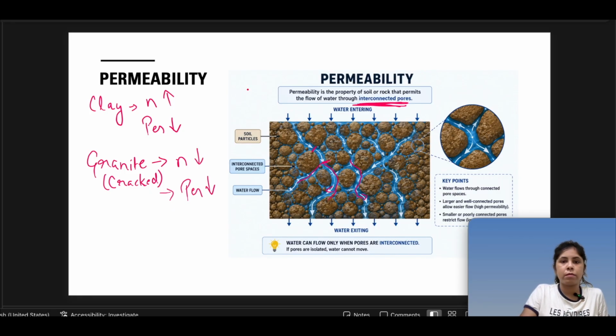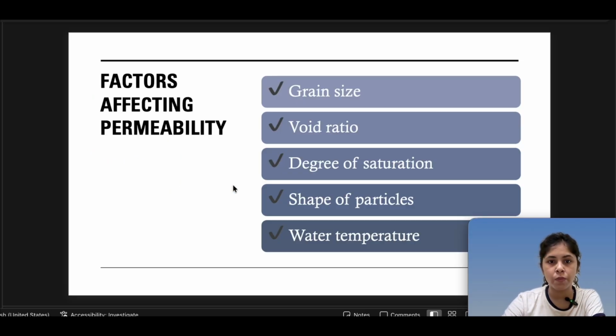So these two are opposite of each other. But in sand, the porosity and permeability are moderate, right? So this is the difference between permeability and porosity. Porosity shows the storage, permeability shows how much water can flow easily. That's the difference between these two.